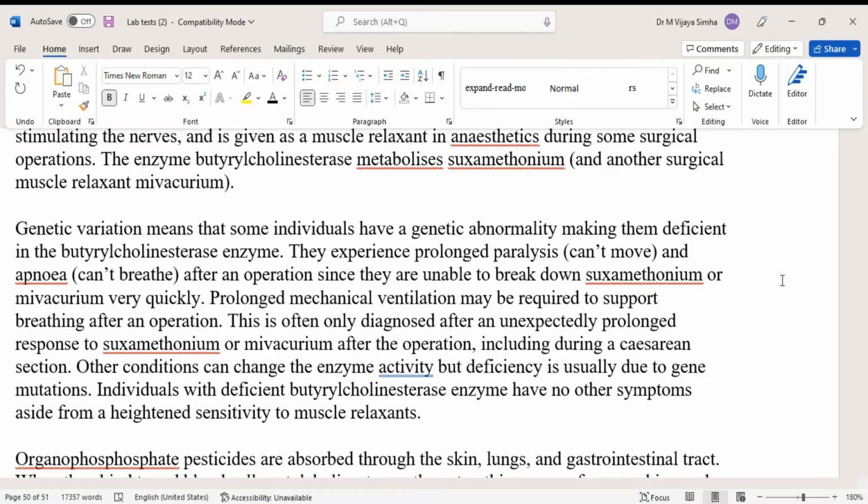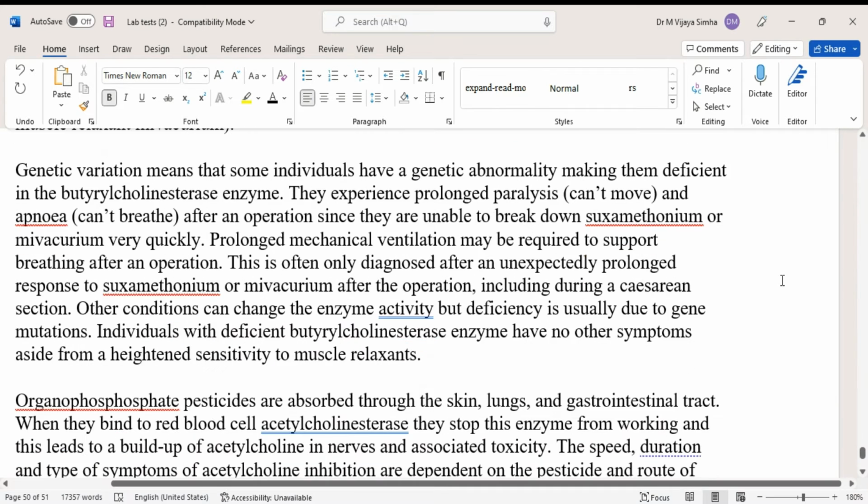This is often only diagnosed after an unexpectedly prolonged response to suxamethonium after the operation, including during a cesarean section. Other conditions can change the enzyme activity, but deficiency is usually due to gene mutation. Individuals with a deficient butyryl cholinesterase enzyme have no other symptoms aside from a heightened sensitivity to muscle relaxant.